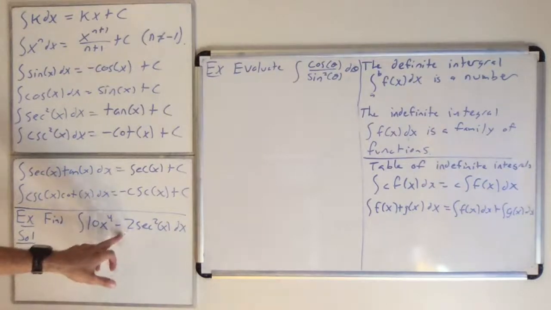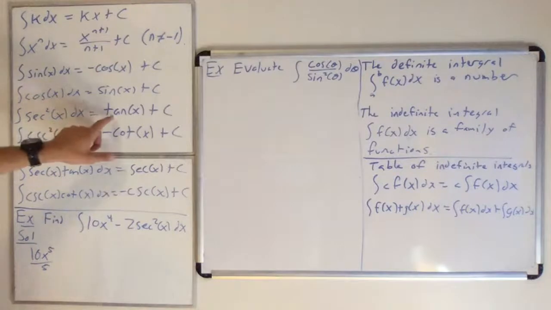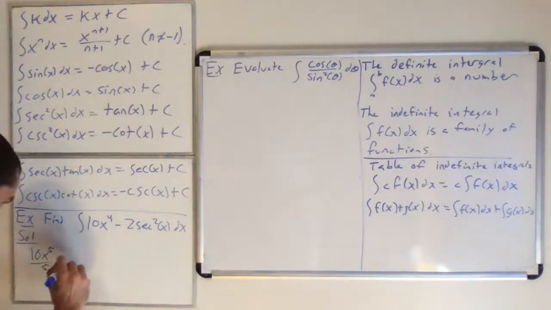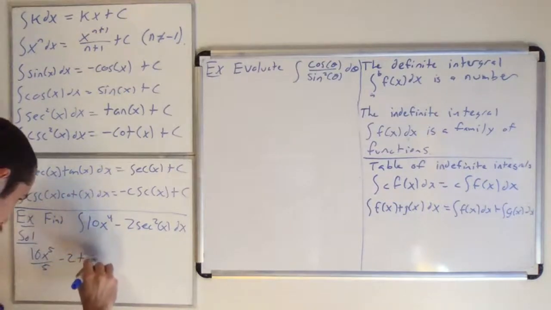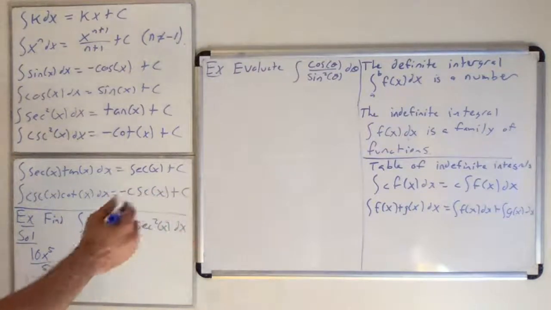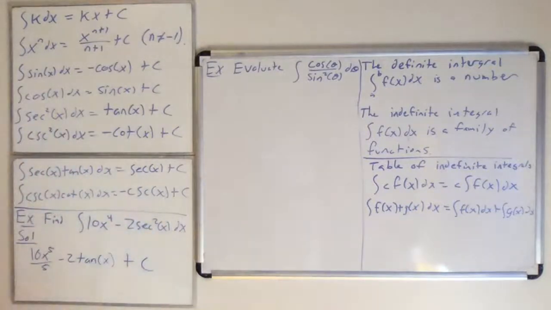And the integral of negative 2 secant squared x is negative 2 tan x. What's important to remember is there's a whole family of solutions, and they can all differ by a constant. You could simplify this fraction if you'd like, but it's not totally necessary.